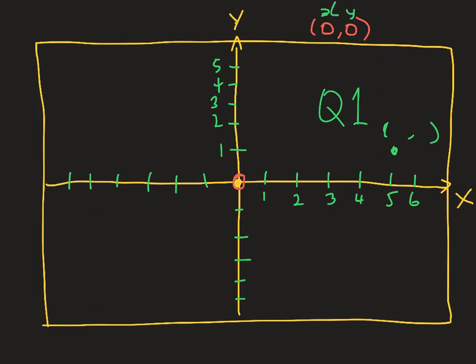So the x-axis is 5, because there it is there. And then we look at the y-axis, and we can see the 1. So that particular point has coordinates of (5, 1). So if the fly went in quadrant 1, we'd always see positive numbers in those brackets.